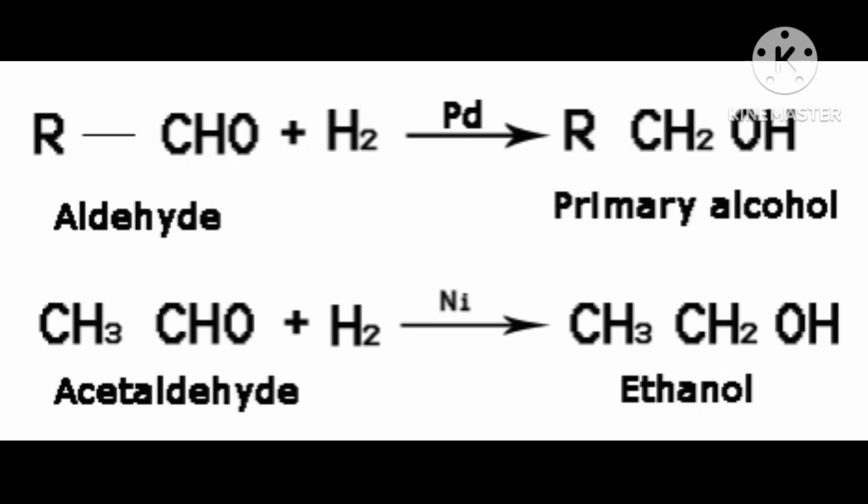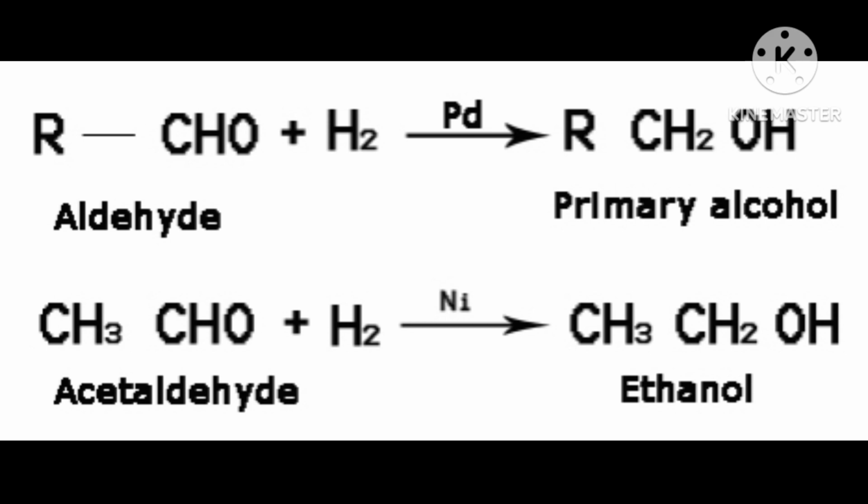It is also prepared by treating aldehydes and ketones with sodium borohydride, NaBH4, or lithium aluminum hydride, LiAlH4, because these two are reducing agents. Sodium borohydride and lithium aluminum hydride both are reducing agents. They can supply hydrogen.